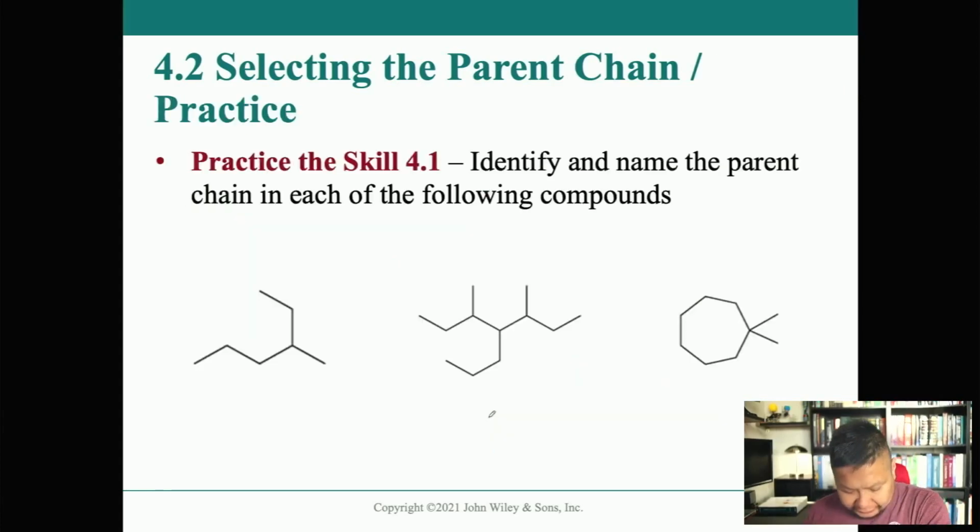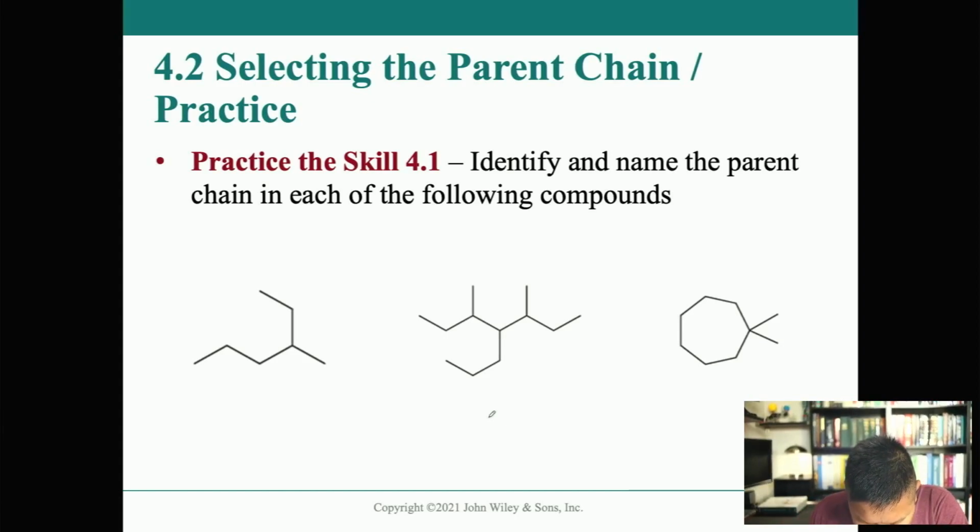So let's see if we can identify this. All you have to do here is identify the longest chain, okay? We don't want to run before we can walk here, so let's just identify the parent chain and name its parent chain, okay?